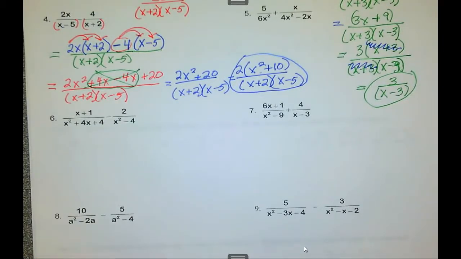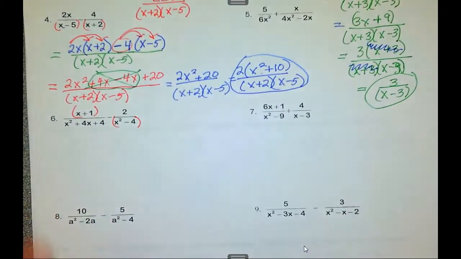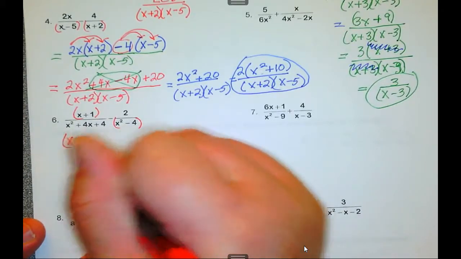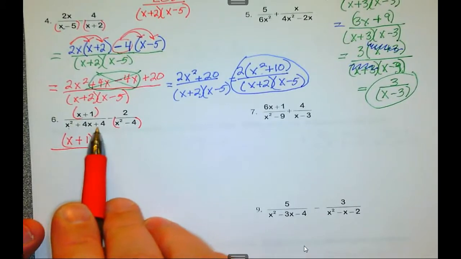All right, let's do number 6. Okay, first thing we want to do is factor everything in the problem. I have x plus 1, nothing to factor there. Can I factor x squared plus 4x plus 4?